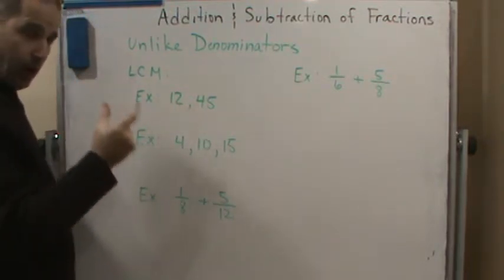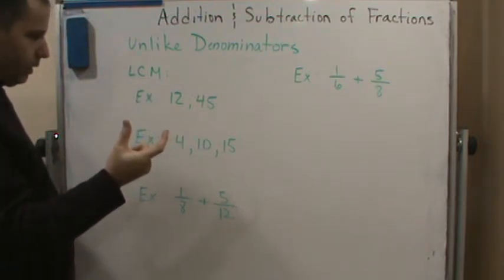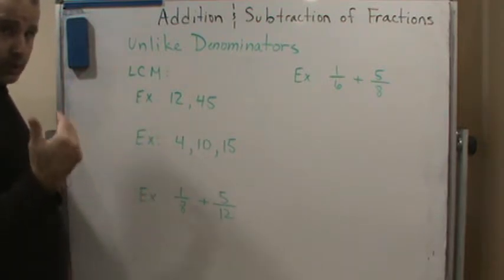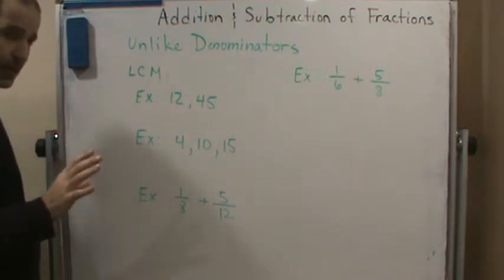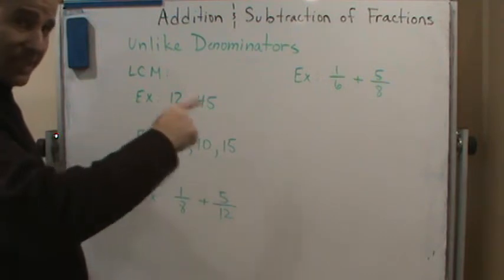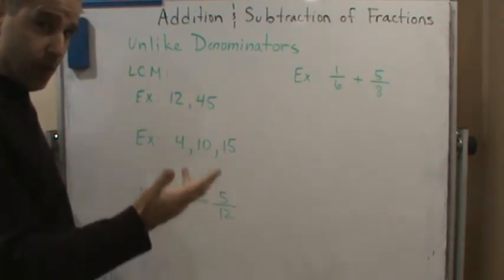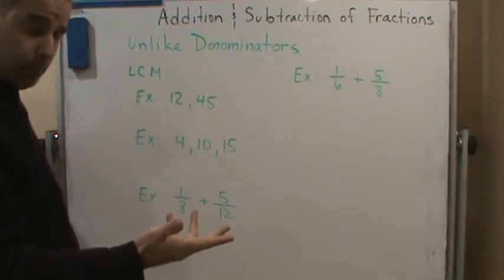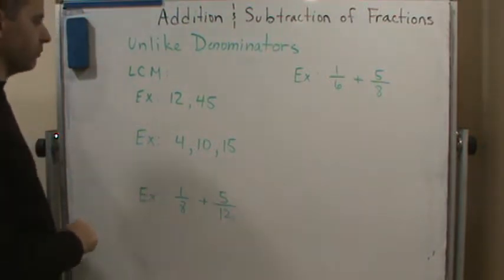So the largest of the numbers controls what the least common multiple is. Sometimes you can just find a multiple of the largest number that is also a multiple of the other numbers.